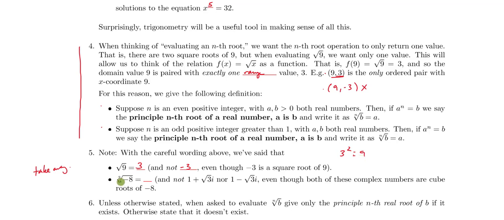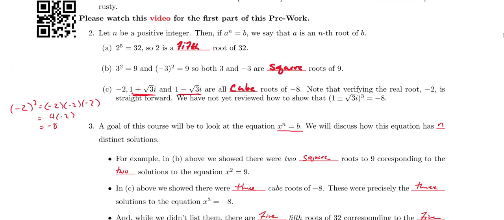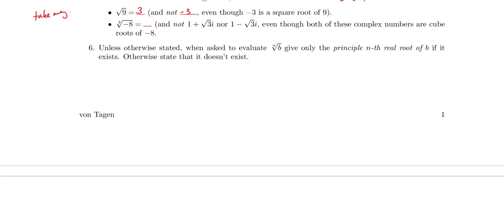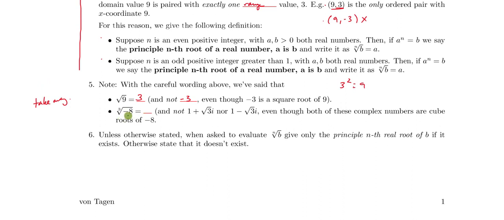A little bit different here, we're looking for the cube root of negative 8, so n here is odd. And here it doesn't matter. As long as we find a real number that makes that true, that will be the principal root. So again, if you go back and look at our roots to the number negative 8, we had 3 cube roots, negative 2 and these 2 imaginary ones, but we only want the real one when we're evaluating this expression right here.